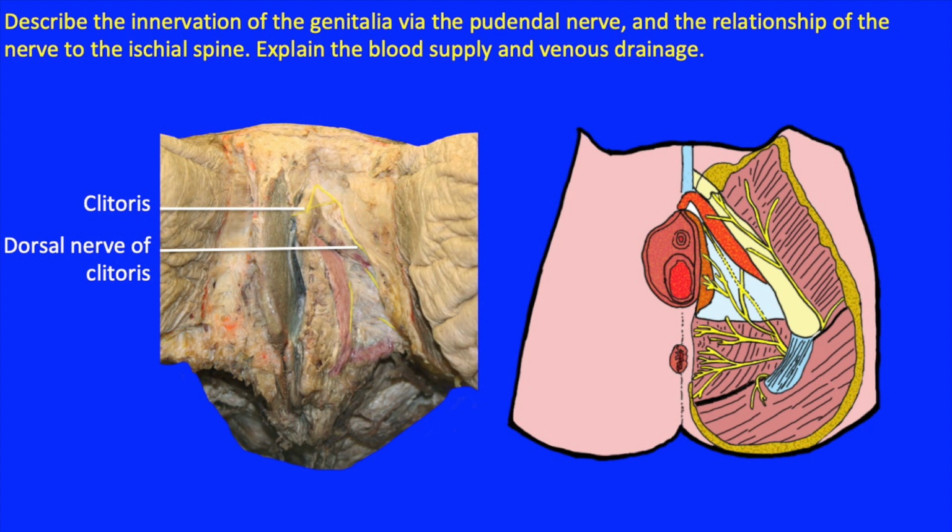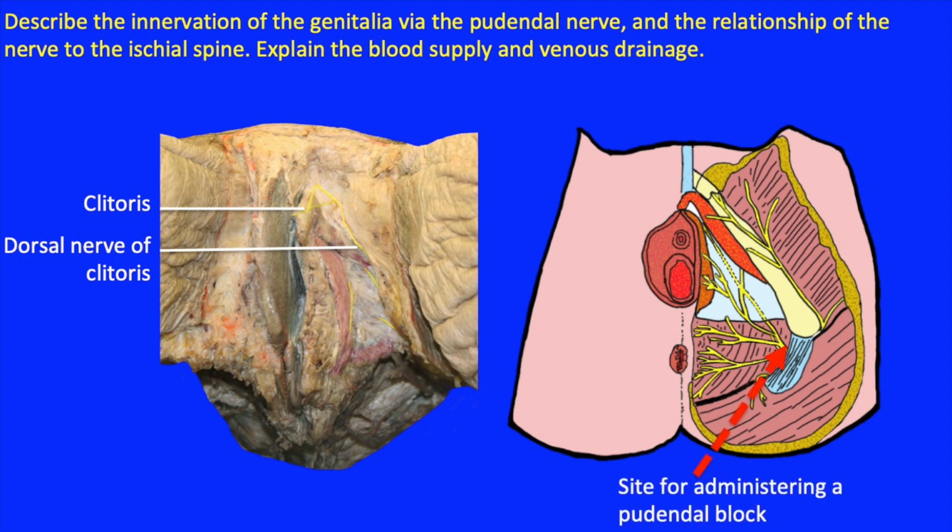In no way am I trying to diminish its importance in this presentation by not showing its complete path from where it starts to its termination as a dorsal nerve of the clitoris. In reality, the nerve is much more difficult to demonstrate in a cadaveric dissection, and that is the reason why anatomists have a difficult time demonstrating it.